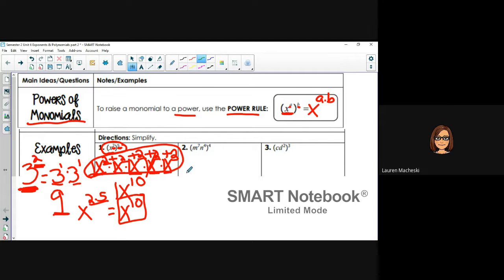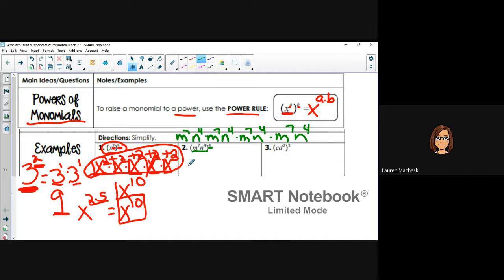Okay, all right, let's look at this next monomial, m to the 7th n to the 4th, and I'm raising the whole thing to the 4th power. Remember, that literally means this multiplied by itself 4 times. I could write it out like this. If I did it like that, then I would need four m's. It's all multiplication, right?